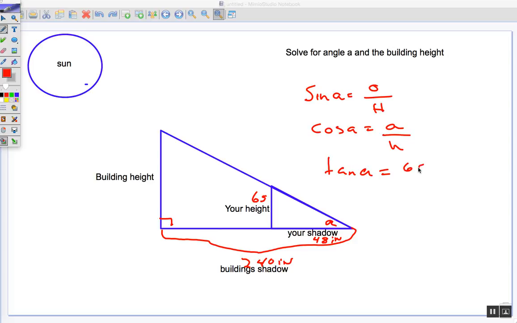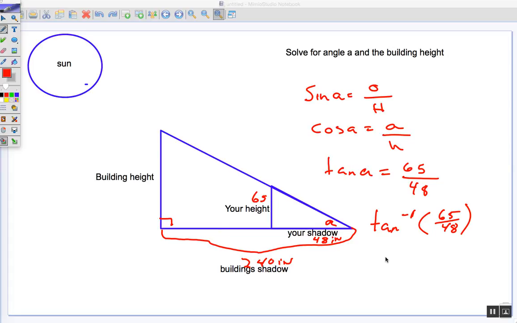In this case, opposite over adjacent gives us 65 over 48. To solve for an angle, you have to use your inverse trig function. So we want to take the inverse tangent of 65 over 48, and I'm going to find this answer in degrees.